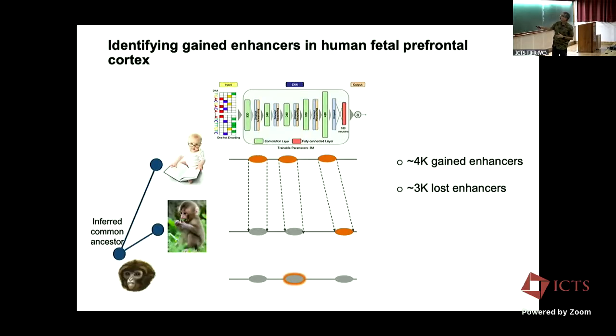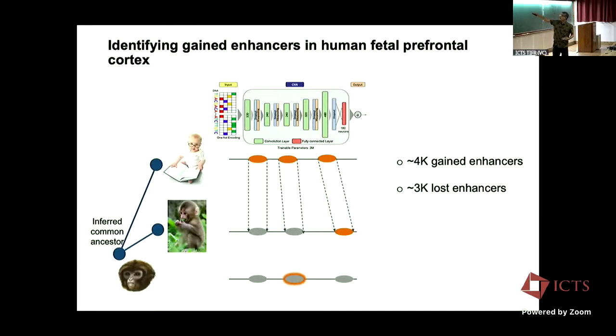So we have that K27AC data, as you know. Let's say you have K27AC peaks in human and macaque. If you have something here and not here, we don't know whether it's gained in human or lost in macaque. So we need an outlier group, right? But we don't have the K27AC data for the outlier. It doesn't exist. So that's when we go to our model.